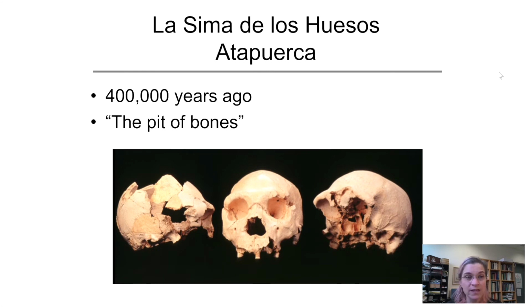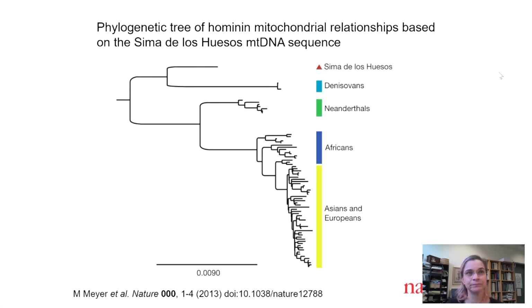Sima de los Huesos, these are the 400,000-year-old cave deposits, the pit of the bones. These are the ones that are not Neanderthal because they're older, but they have some features on their crania that make them look a little bit more like Neanderthals than other Homo erectus. So they're kind of in that gray zone.